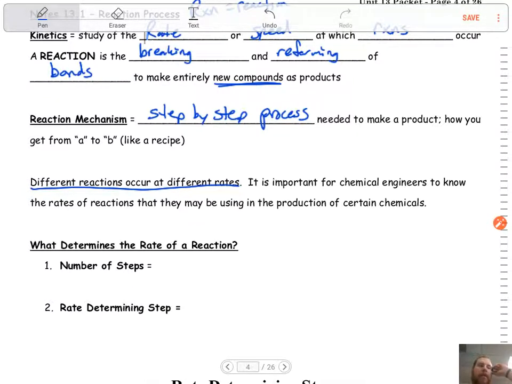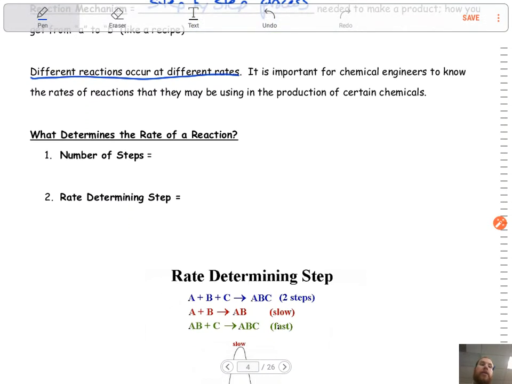It's important for chemical engineers to know the rates of reactions so that they can use that in the production of certain chemicals. Anything like, let's say toothpaste, for example, they need to know how to make those, how they come together. If they want to produce X amount, they can do the calculations, but they also need to know how much energy and how long that process is going to take in terms of price, selling, and production steps.